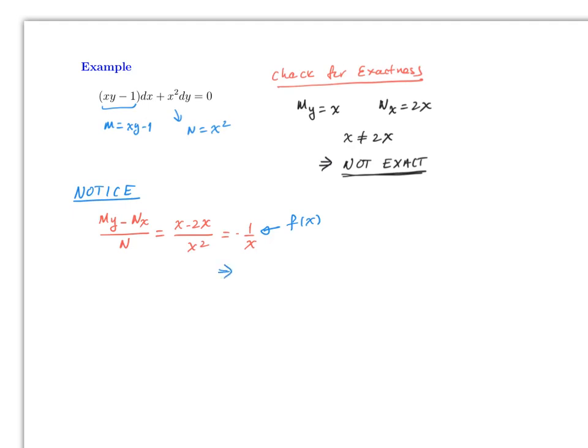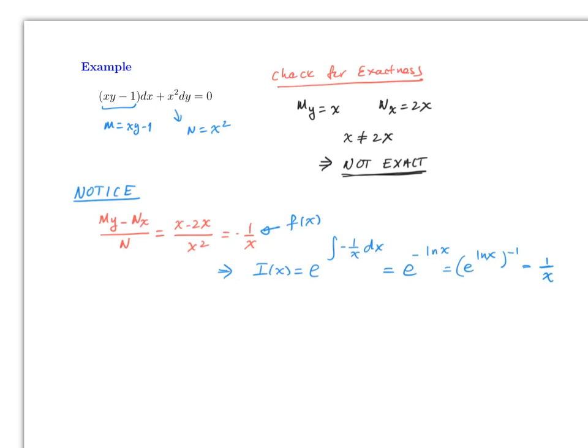From here we find the integrating factor. Remember, the integrating factor will be e to the integral of minus 1 over x dx. We have done this multiple times now. This is e to the minus ln x, which is equal to e to the ln x to the negative 1, or just 1 over x.